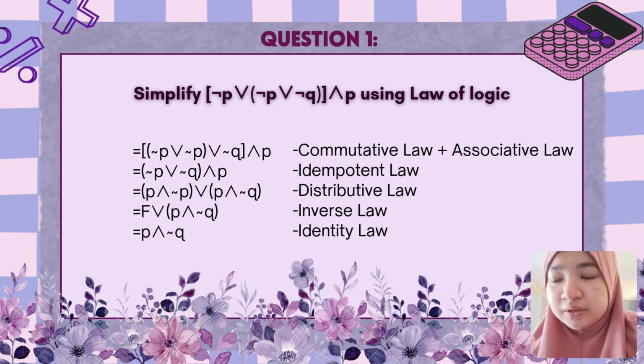Next, (P and ¬P) or (P and ¬Q) by using distributive law. Next, we will have F or (P and ¬Q) by using inverse law. And the last one, we will have P and ¬Q by using identity law.